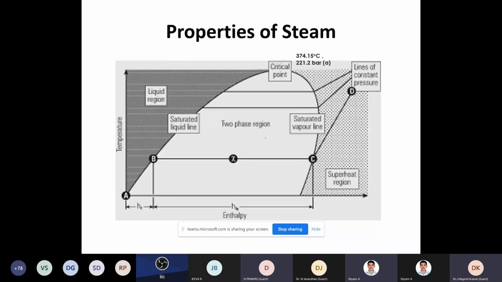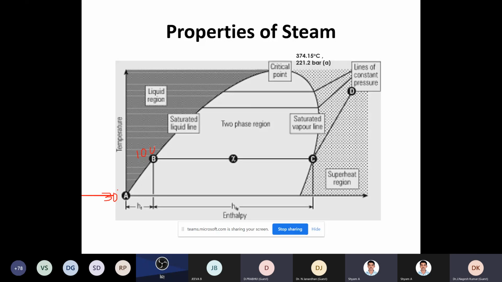Now we were talking about this concept of latent heat. So what is this latent heat? Why is it important? Now, if you look at this property diagram, let us say we start at this point, water, and we are going to boil water. Water is at, let's say, 30 degrees, and we keep on boiling. It reaches a point B where the temperature keeps on rising and it reaches 100 degrees.